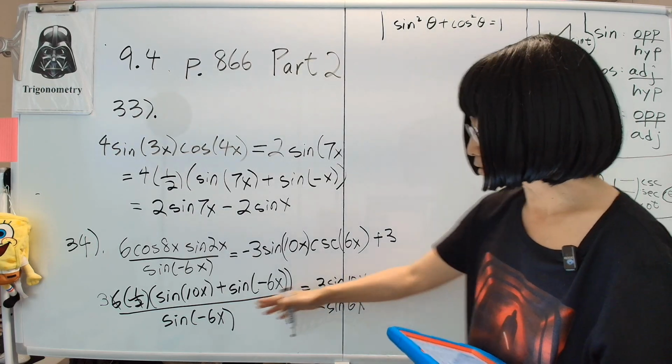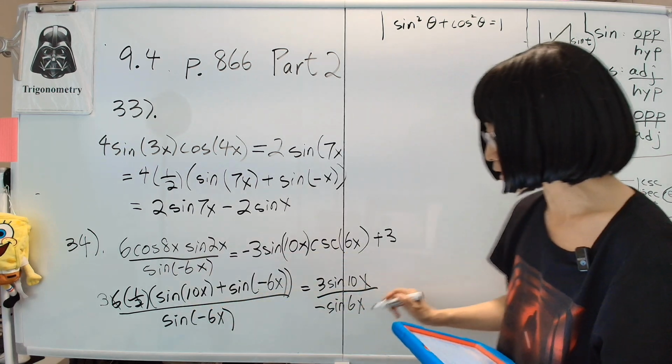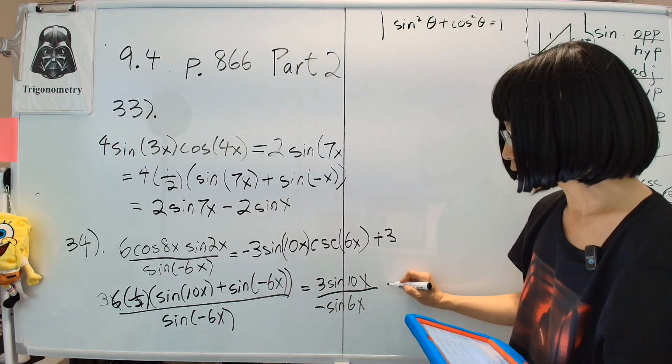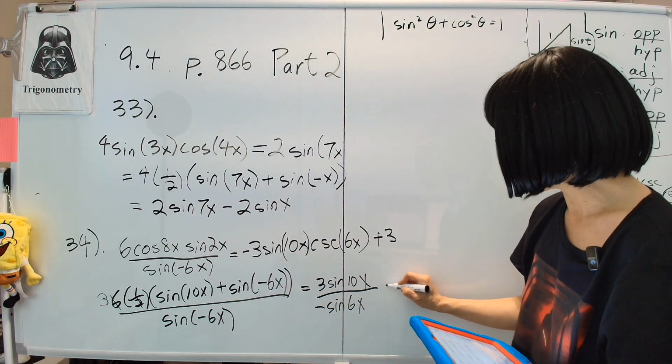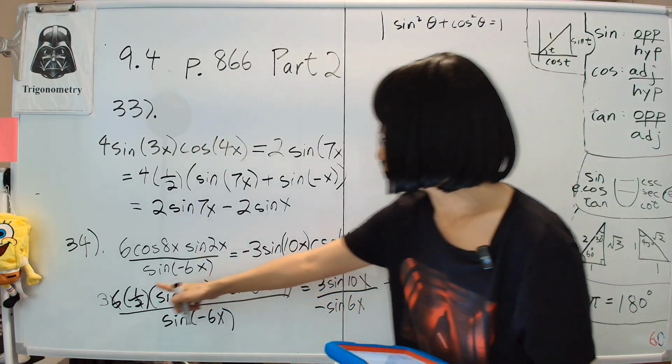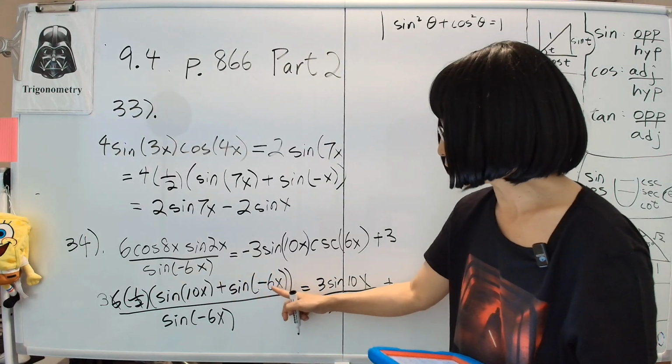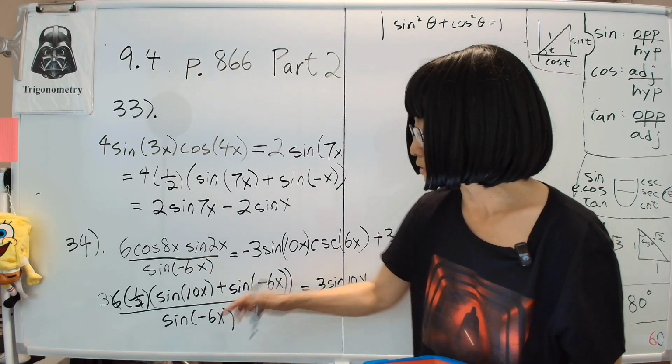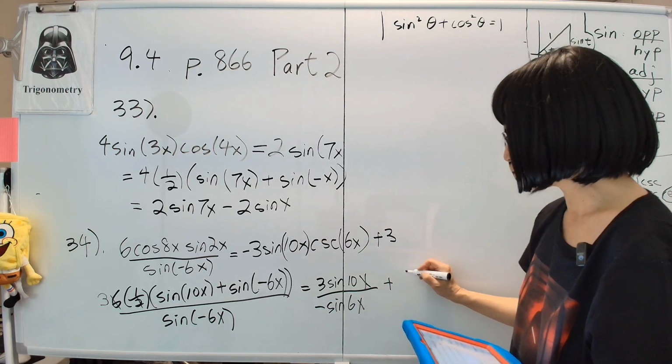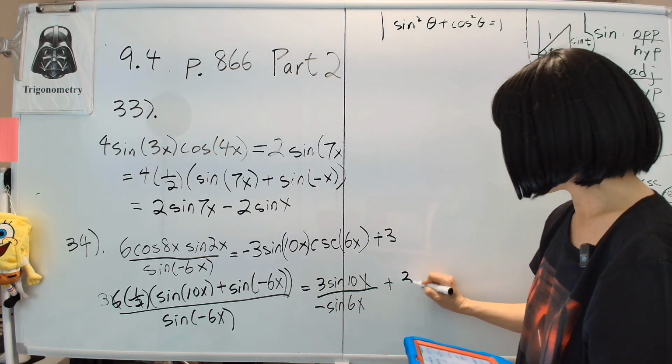And that's this part of the fraction. I'm breaking up the fraction here. And then the other part is plus 3 times sine negative 6x divided by sine negative 6x. That is just 1. 1 times 3 is 3. So we have a 3 here.